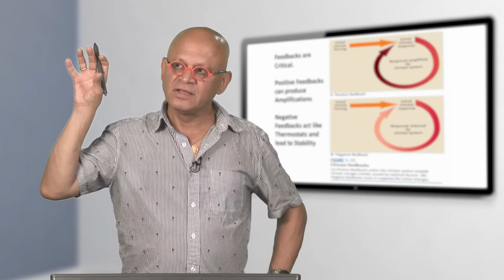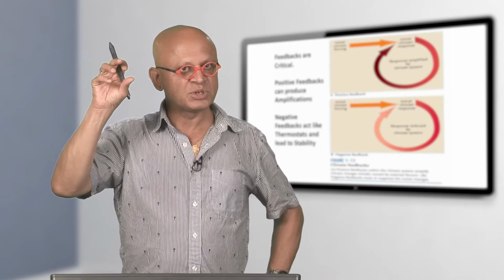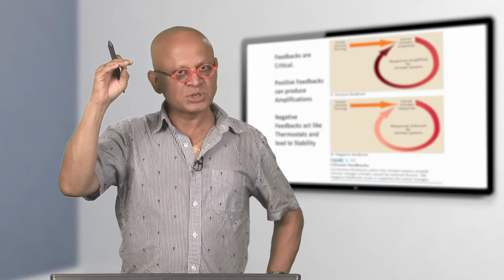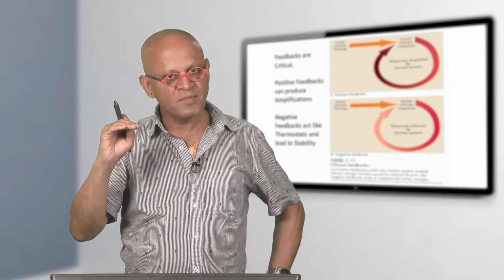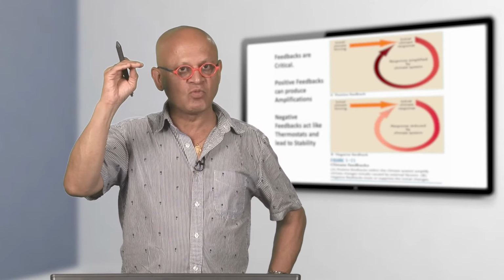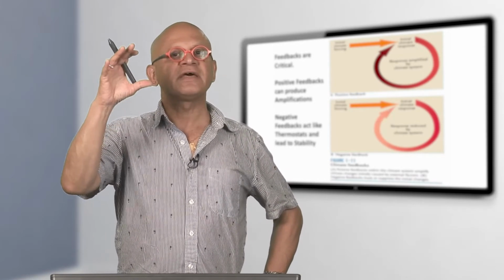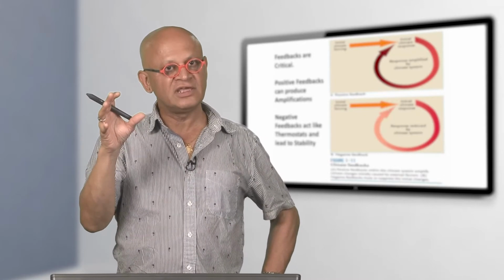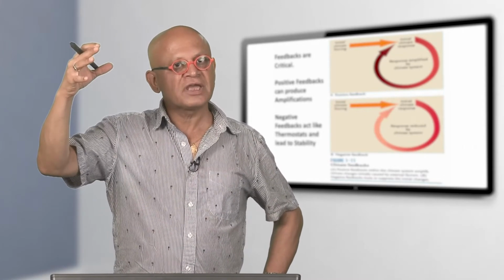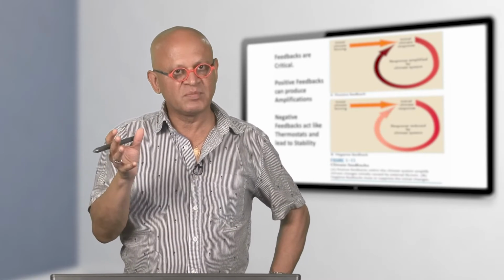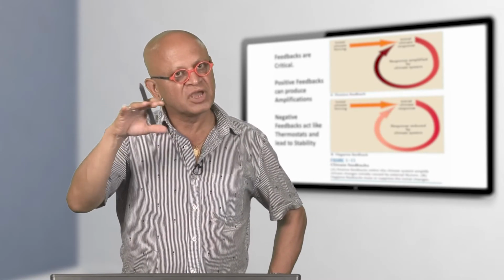So if you set an AC at a certain temperature, if temperature goes up, AC will kick in and cool the temperature. If the temperature gets too cool, AC will turn off and then the temperature will warm up. So, you have a stable system. So, any system that has positive feedbacks only can keep growing and become unstable. Any system that has a negative feedback can become stable.